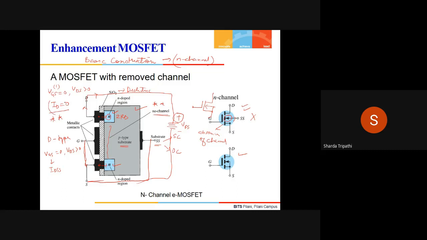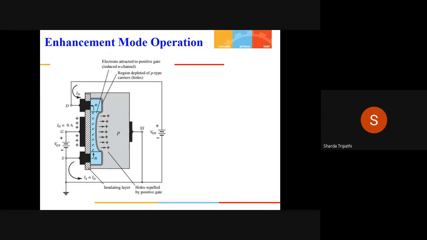But here there is no current because there is no channel. So now to initiate the current, we need to apply some positive voltage over here.